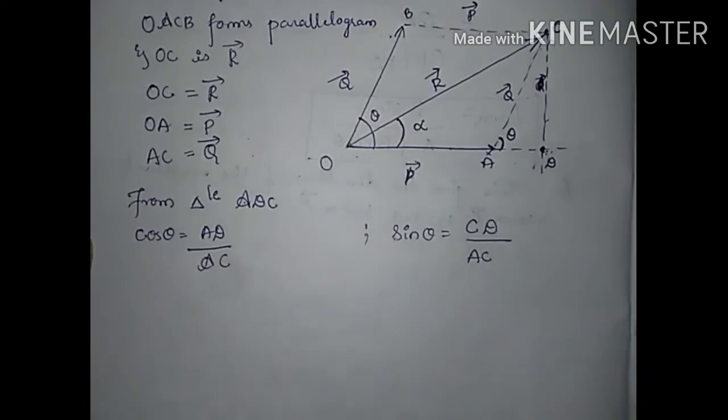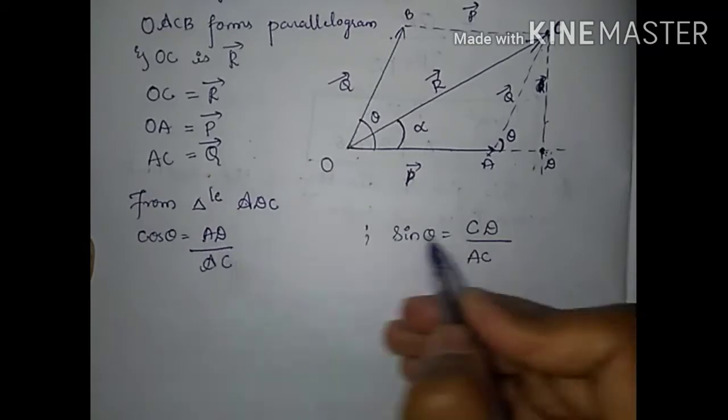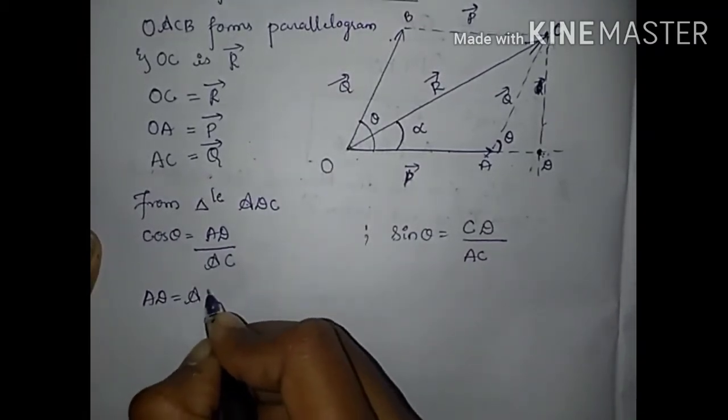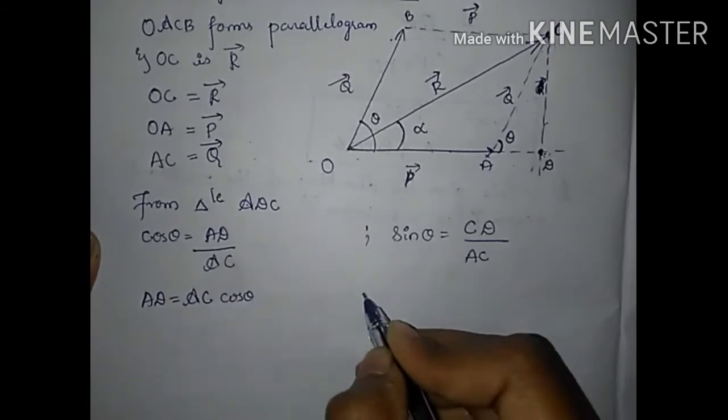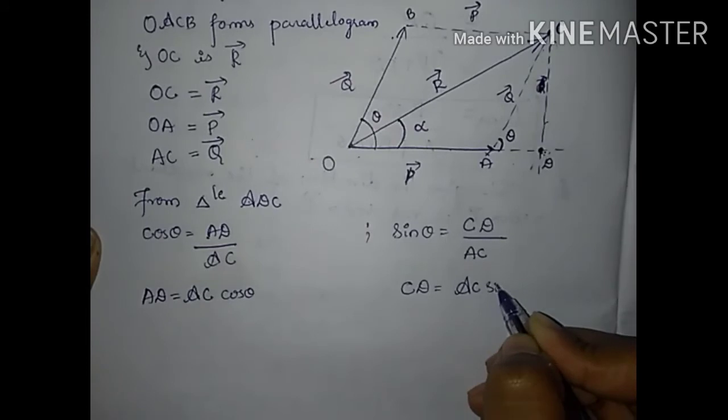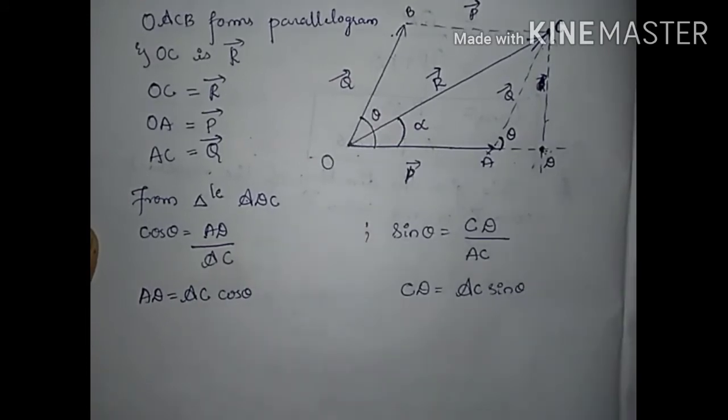So you got sin theta and cos theta. Now we want AD and CD. AD is equal to AC cos theta and CD is equal to AC sin theta. So let us call these equations.